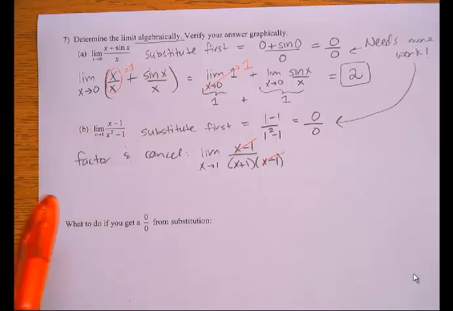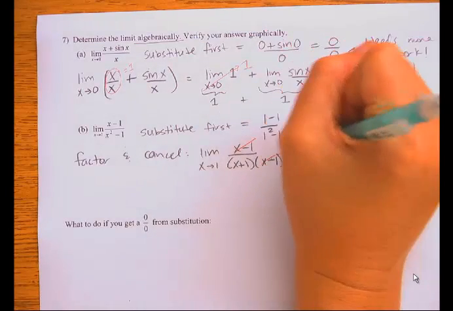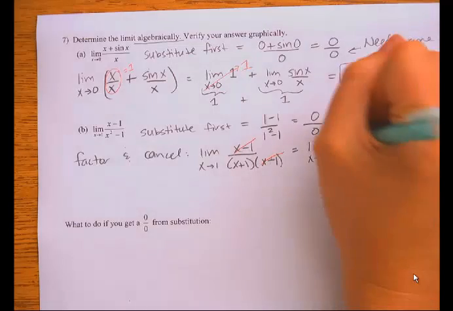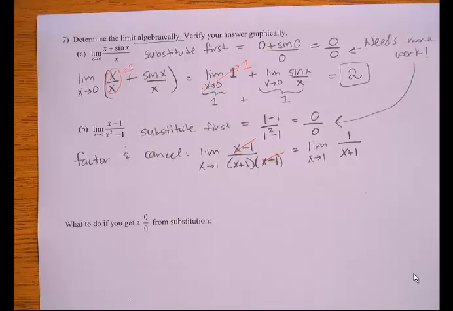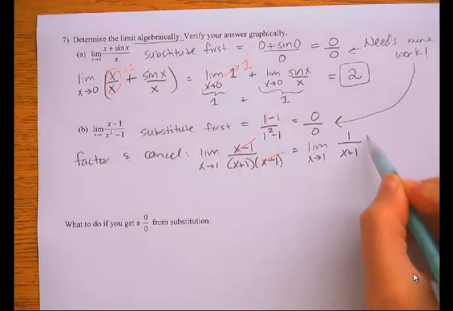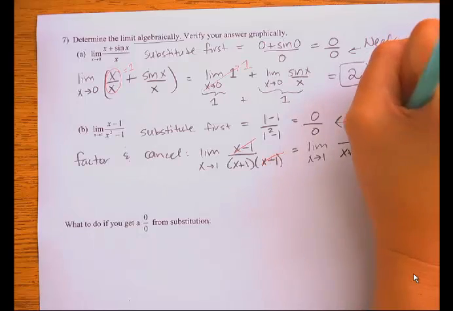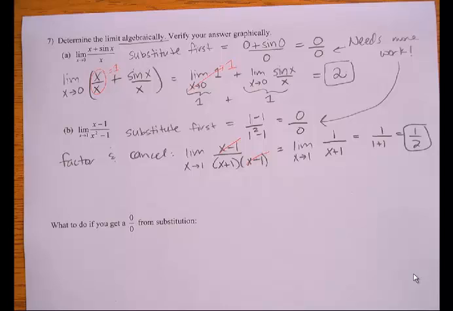I don't care what happens at 1. I just want to know what's happening on the right and left of 1. So this cancellation then is okay for me to do because, again, I just care what happens around 1. Okay, so around 1, the function looks like this. Now I can just evaluate by substituting. And the answer for part B would be 1/2.